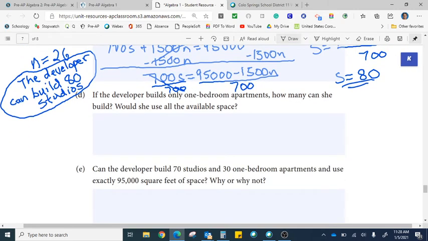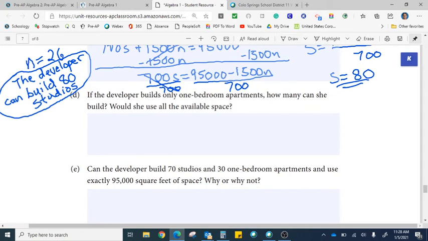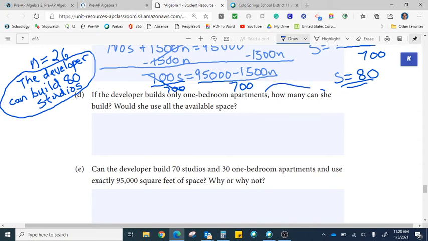So it says if the developer builds one-bedroom apartments, only one-bedroom apartments, how many can she, or it's a she, can she build? Would she use all the available space? So two questions here. How many can she build?